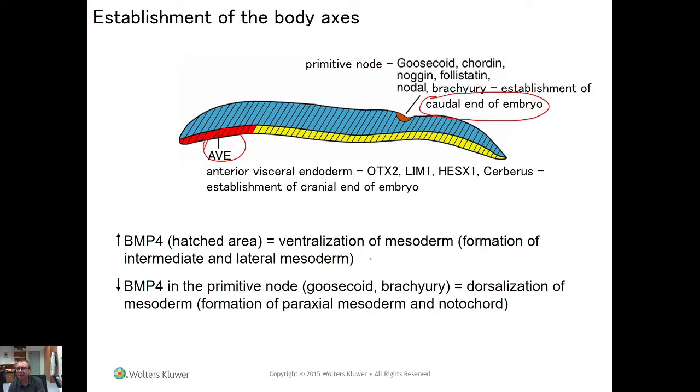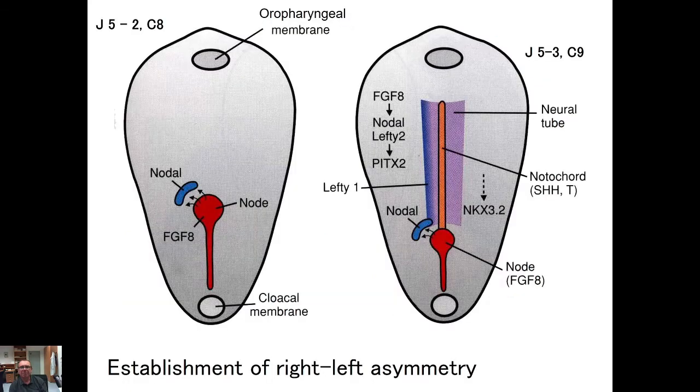On the other hand, a high level of these molecules here is important for dorsalization of mesoderm, formation of notochord, paraxial mesoderm, which are developing mainly from the area of the primitive node. So it is formation of the longitudinal axis, the craniocaudal axis of the body.